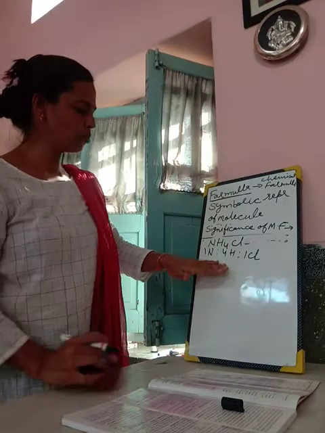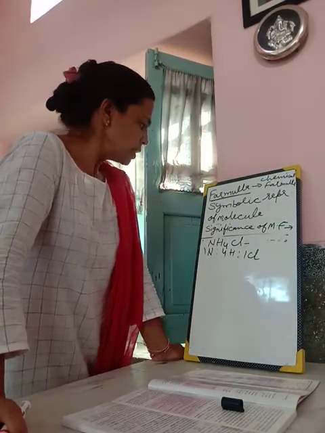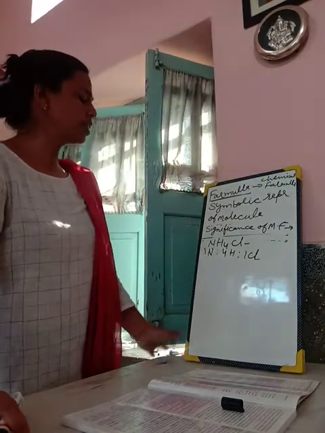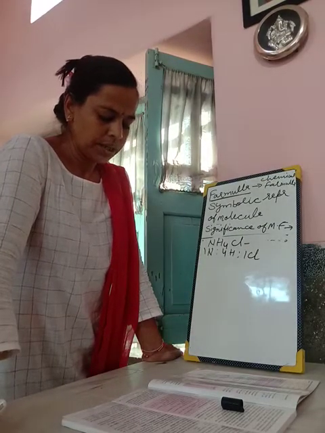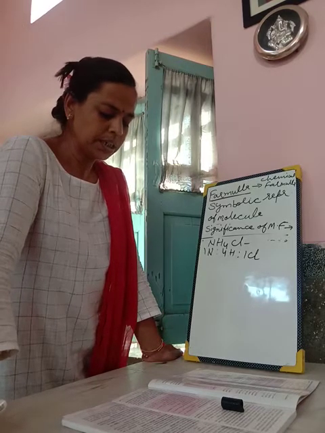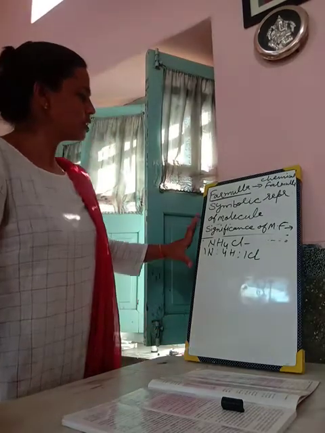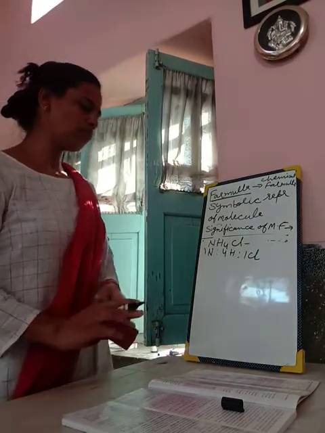This gives the information about the atoms present in a molecule, and the ratio of the respective masses of the elements present in the compound. This is all about the formula and significance of formula.